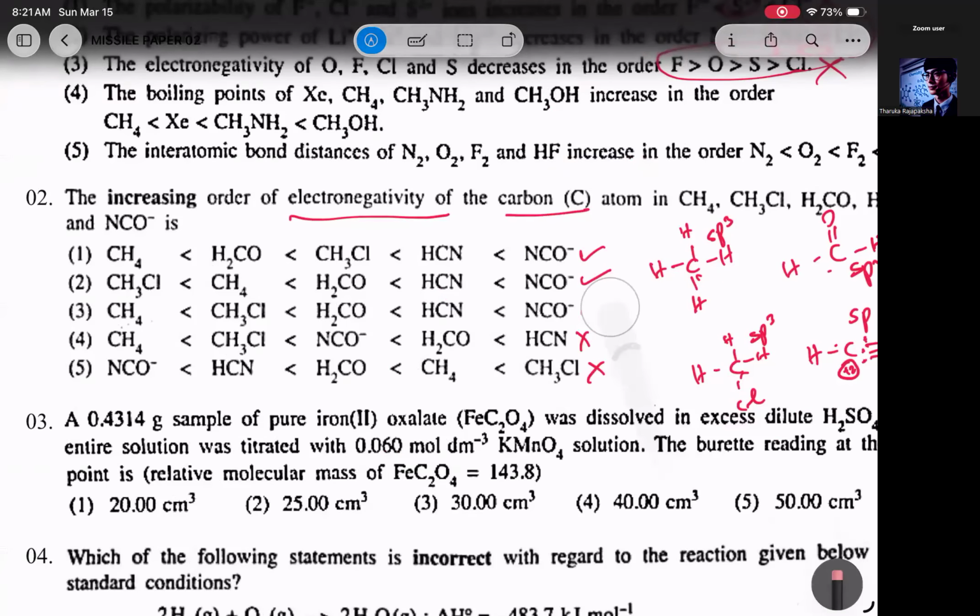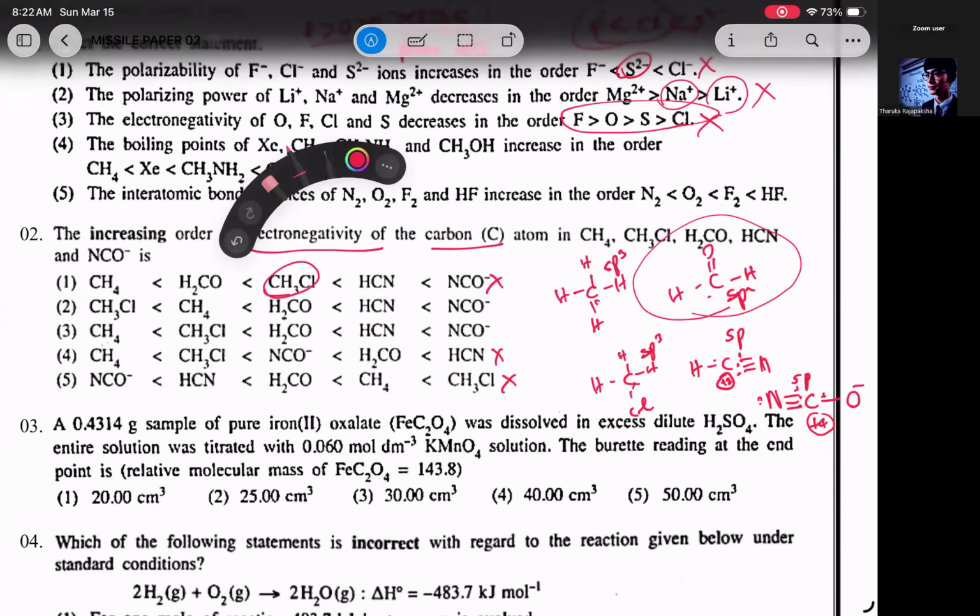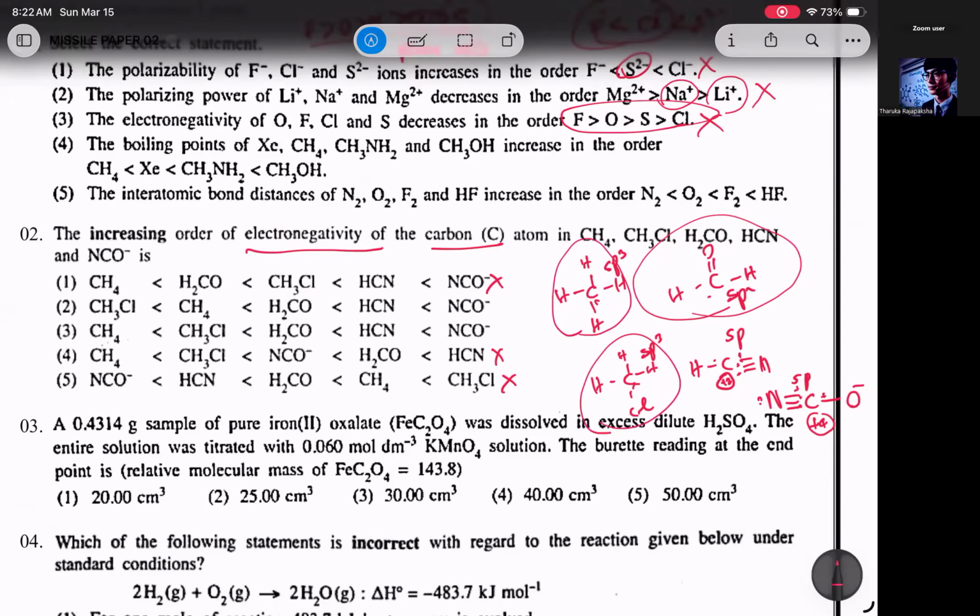Right. Then we look at the next compound. sp2 hybridized carbon should have a large electronegativity after that. H2CO. So this can't be an answer because CH3Cl is put in front. So after that we have to check CH3Cl and CH4. So here you have to also check the electronegativity by the oxidation number.